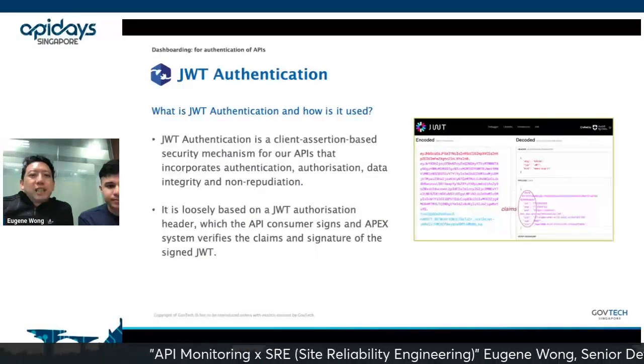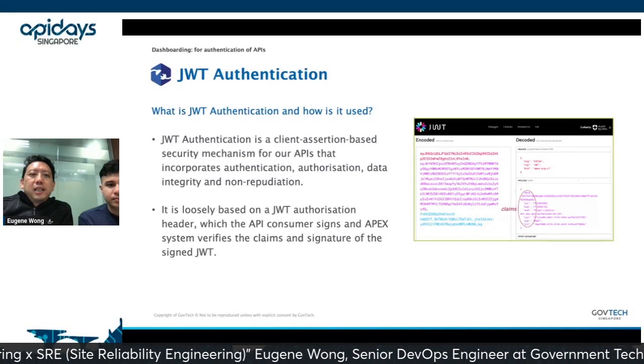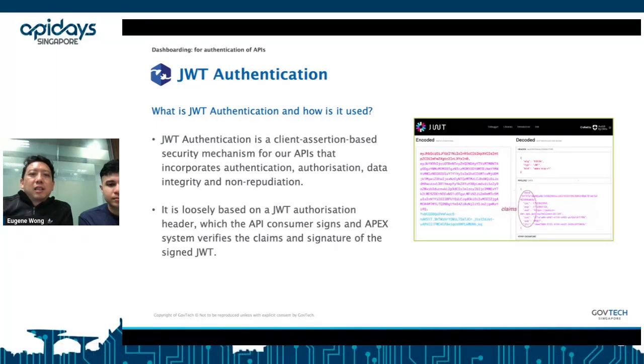It's loosely based on a JWT header, in which the API consumer would sign, and Apex would essentially verify the claims and signatures. So on the right, we can see what a typical JWT looks like.